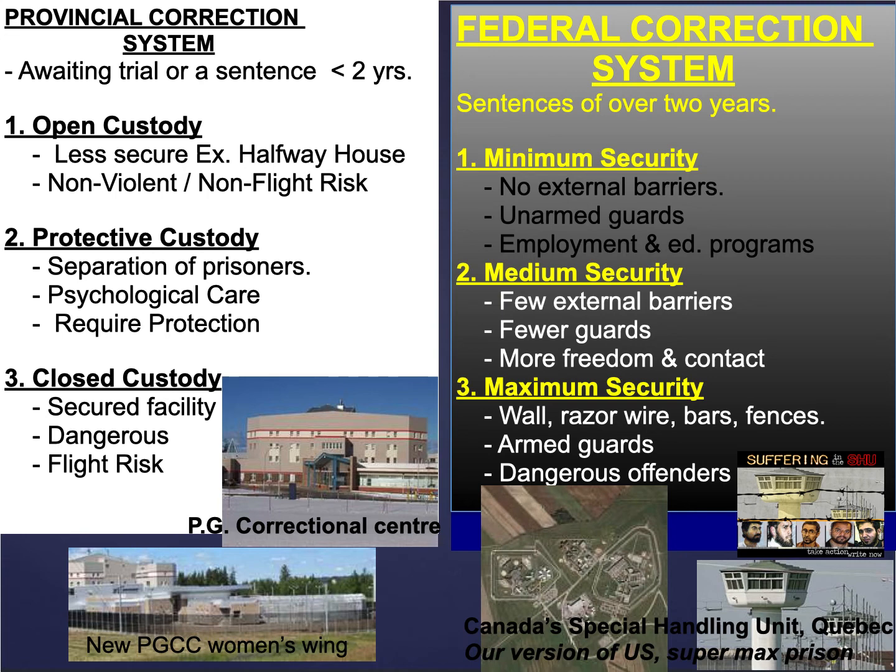Or there is the maximum security, which, as the name implies, has walls, guard towers, bars, razor wire, and fences. The guards are armed. Insert Alcatraz as an example of a maximum security prison. That's for the worst of the worst, the most dangerous offenders. Those who are sentenced to life are sent to maximum security.